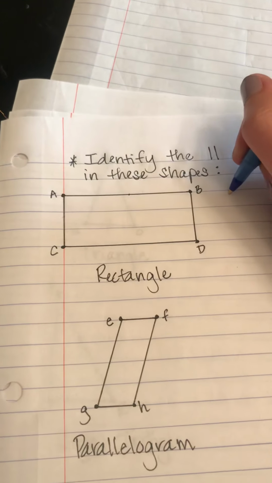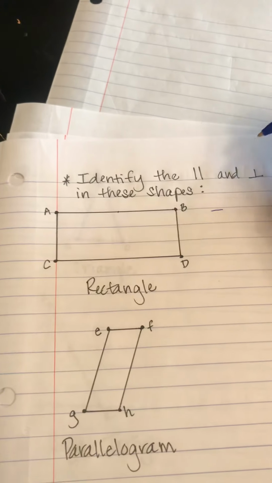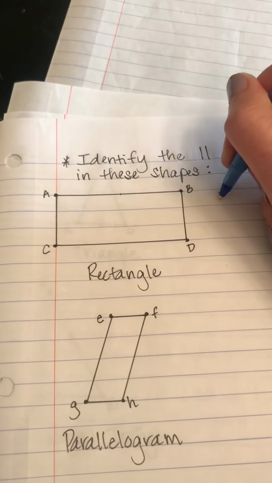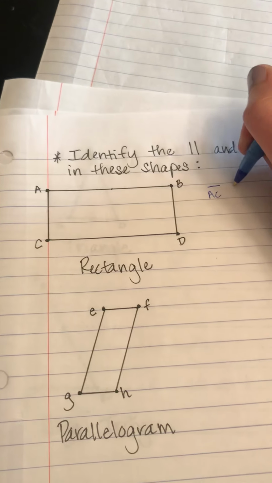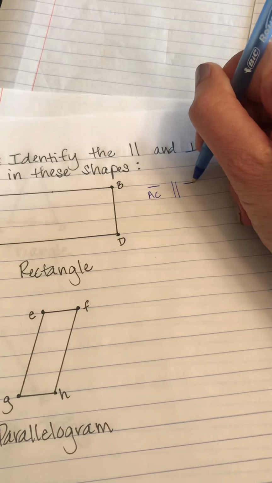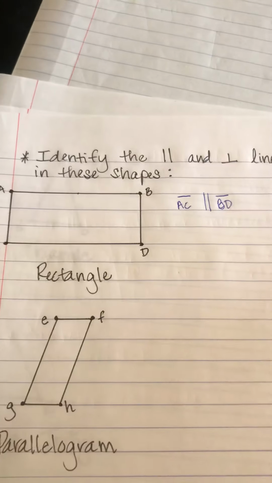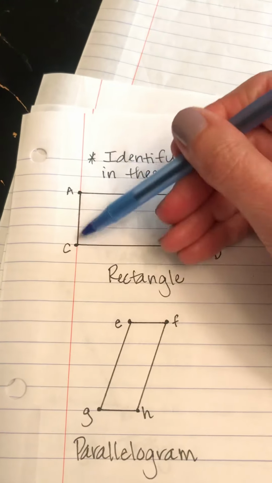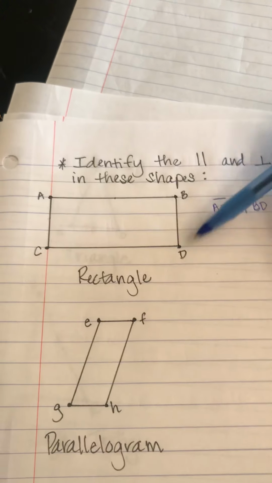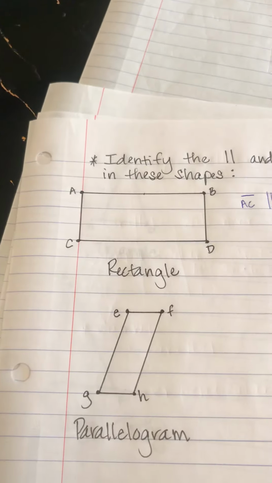So how you would write that is you would say line, I guess it's line segment in this case. Line segment AC is parallel to line segment BD. Okay, so that tells us AC is parallel to BD. Now let's see if we have any other sets of parallel lines.